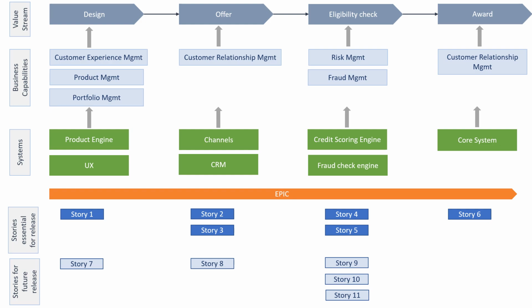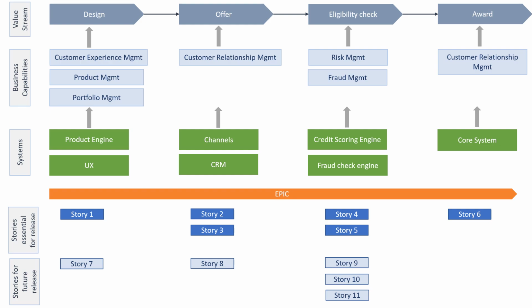So one of the first things that an enterprise or business architect might do is to create this end-to-end perspective of how the organization is going to create and deliver value to the customer. Then they map each stage of the value stream to the business capabilities that are needed to deliver in that value stage, or business capabilities that will be impacted by this new value stage.